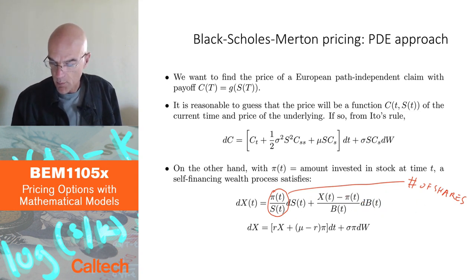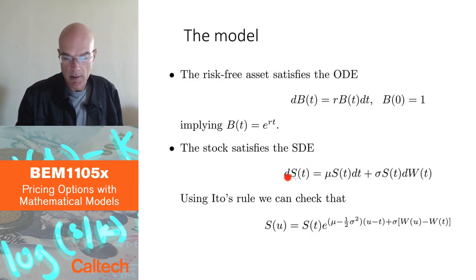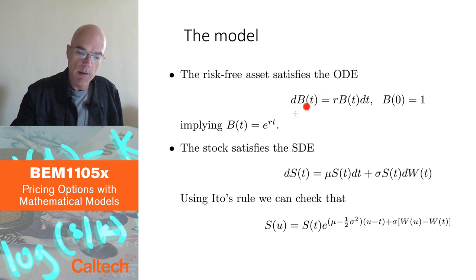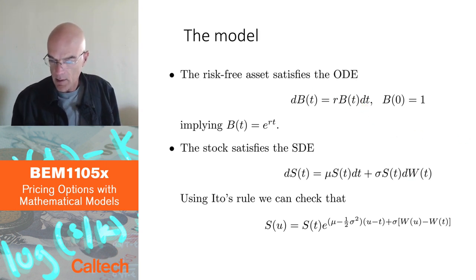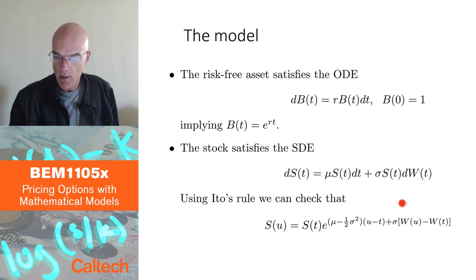Okay, I go back just to remind myself what dS is. So dS, and then if I divide by S, this S will cancel. I will have mu dt plus sigma dW. dB over B, this B will cancel, I will just have r dt. Alright, so I just substitute dB and dS in the next slide.